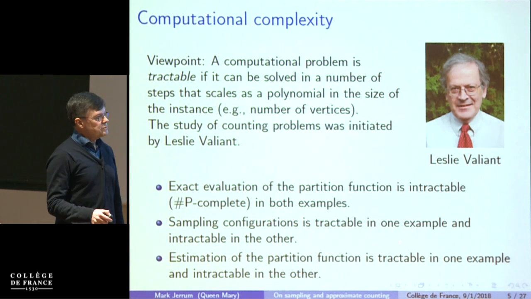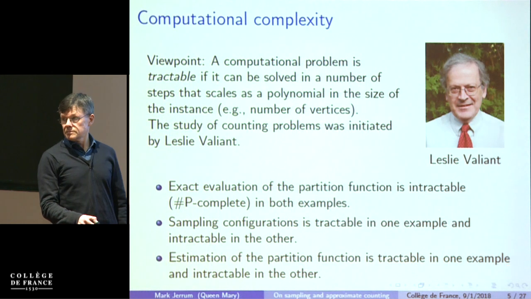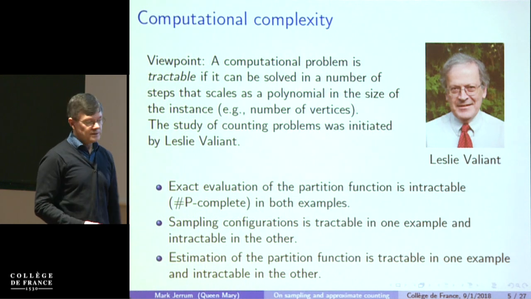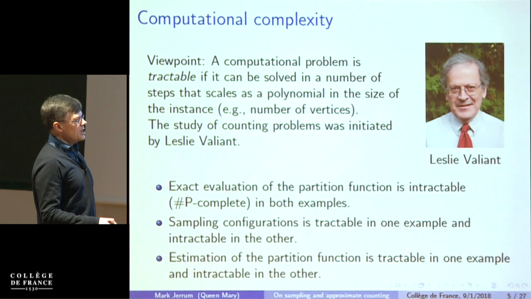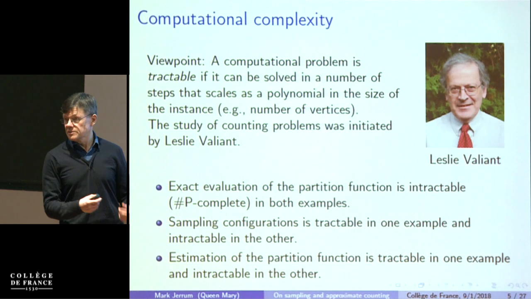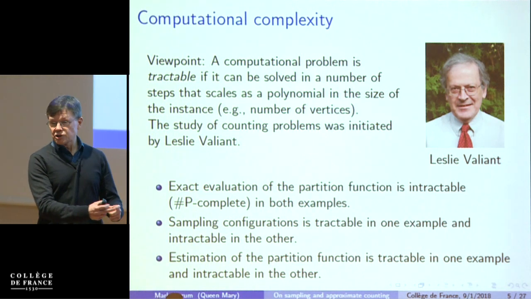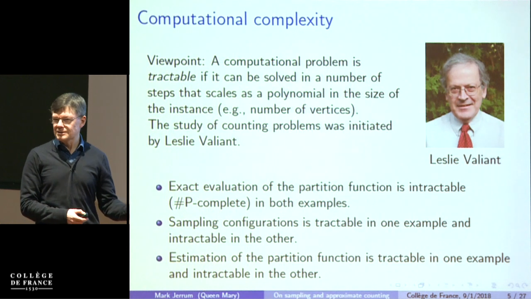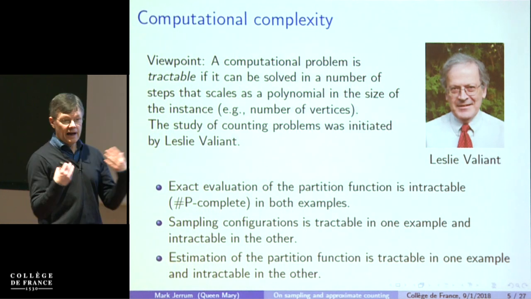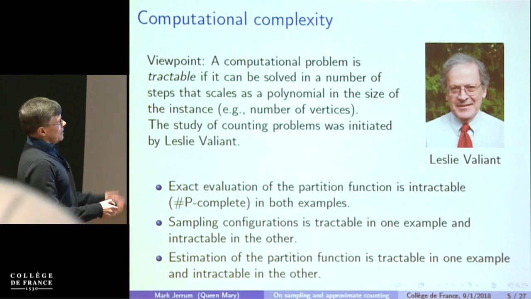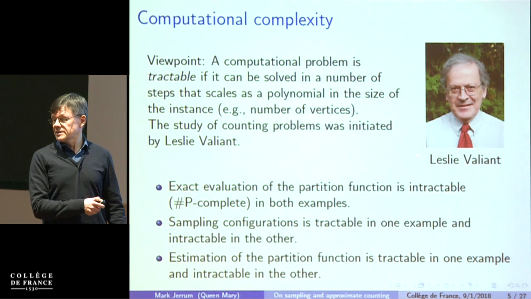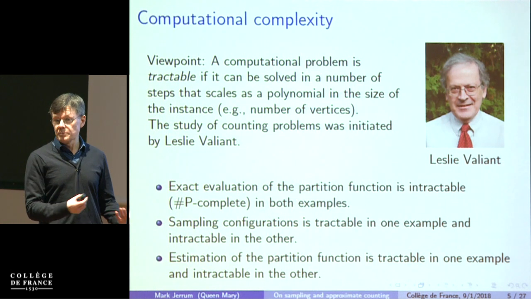And it turns out that although those two problems looked rather similar, right? One was just vertex-independent sets, the other was edge-independent sets. Nevertheless, one of the examples is tractable and one is intractable. And because of this connection, this meta-theorem, as I called it, it has to be the same problem in both cases. So there's one of these problems that's tractable, i.e. polynomial time, for sampling, and whatever that problem is, it'll be the same problem that's tractable for the partition function.